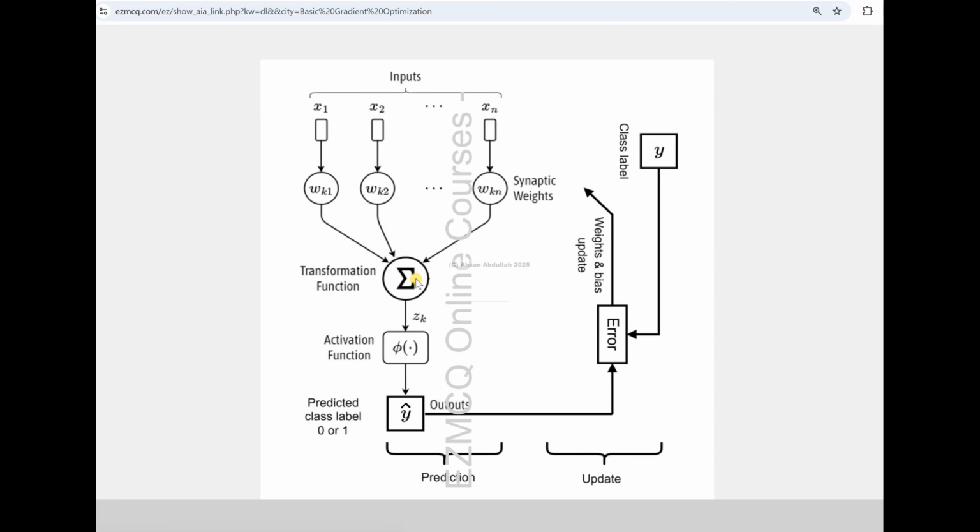It takes the input and maps it to a new space using the learnable parameters, usually defined as z equals wx plus b. Here w are the weights and b are the biases. Where do they come from? They come from the error.